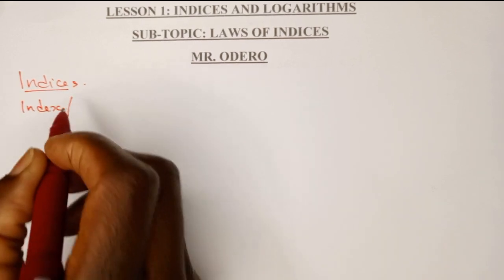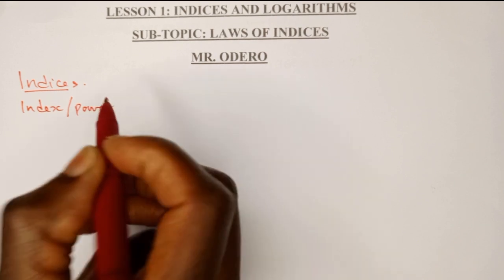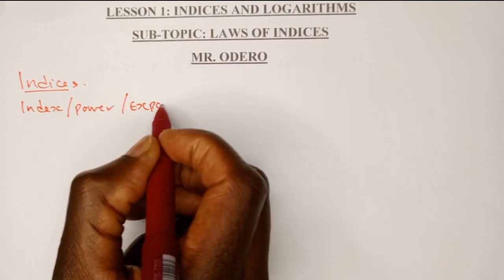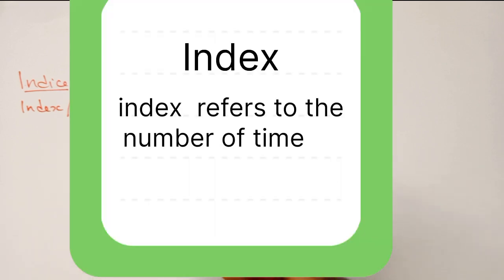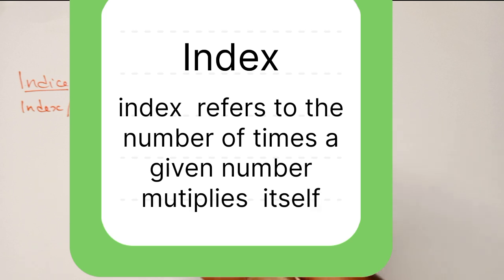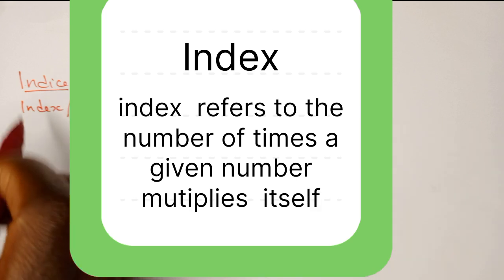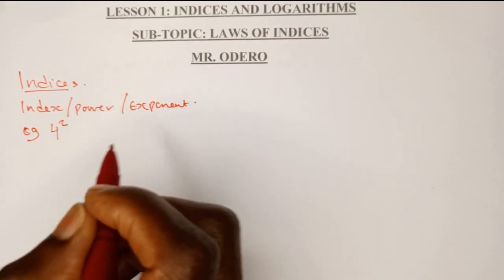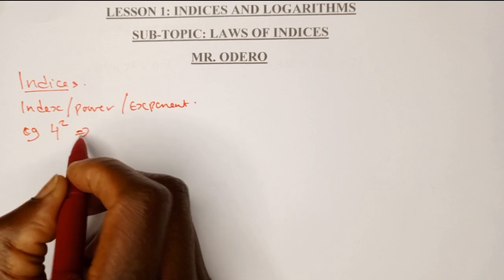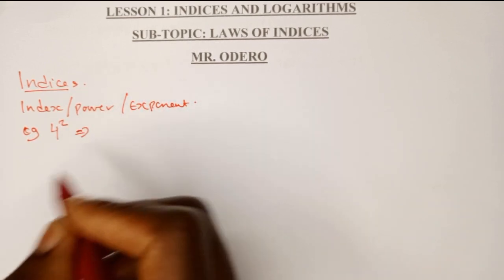Another name of index is power, or sometimes they are referred to as exponent. Those are names that we use. An index refers to the number of times a given number multiplies itself. E.g., if you have 4 squared, then it means 4 is multiplying itself 2 times.